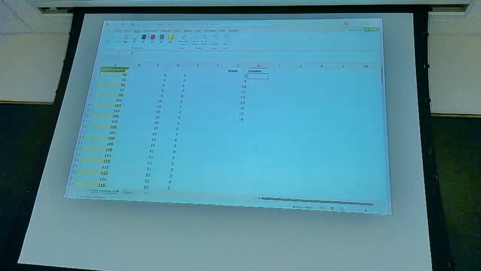This is gonna be fun. TEXTJOIN. Space. Tell it that space. I definitely want TRUE. Sort. Filter.